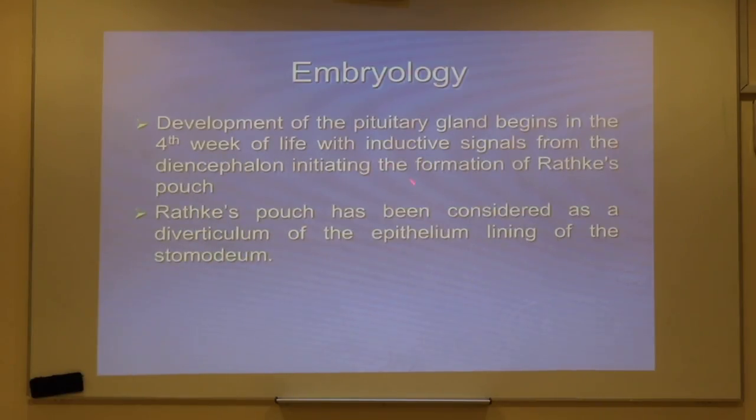The development of the pituitary gland begins in the 4th week of intrauterine life with inductive signals which start to come from the diencephalon. These molecular inductive signals, coming from the floor of the diencephalon, induce the epithelium around the stomodeum to develop the Rathke's pouch.